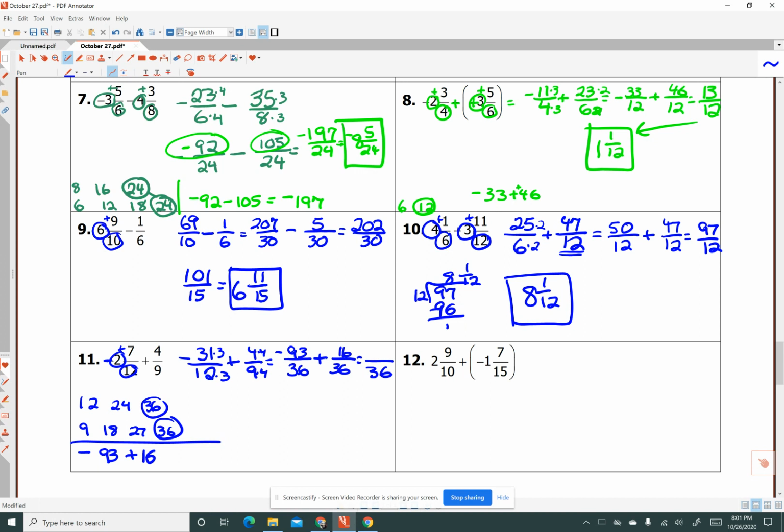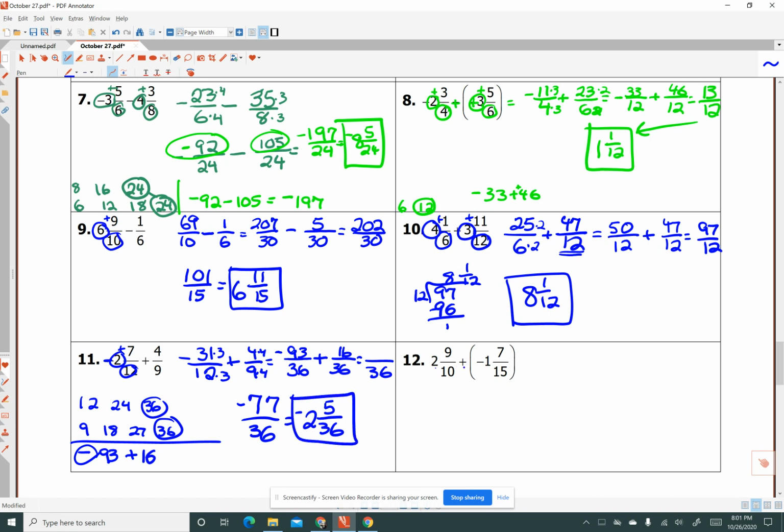So remember, we're adding together a negative and a positive. So we subtract and take the sign of the larger absolute value. That would give us negative 77/36. And 77 divided by 36 is 2, still negative, with 5/36 left over.